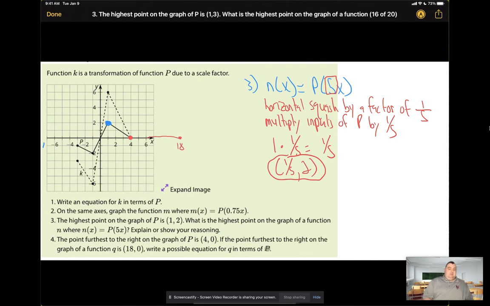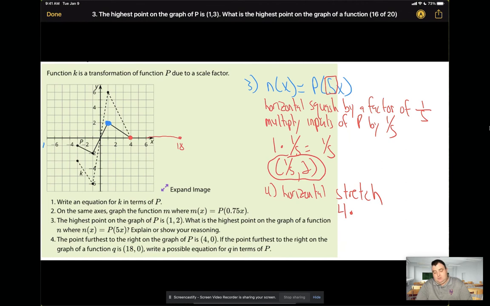So if my farthest point is going from x equals 4 to x equals 18, that's going to be a horizontal stretch again. So for number 4, this is a horizontal stretch.